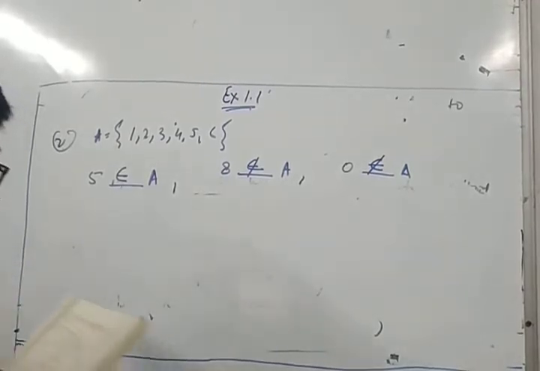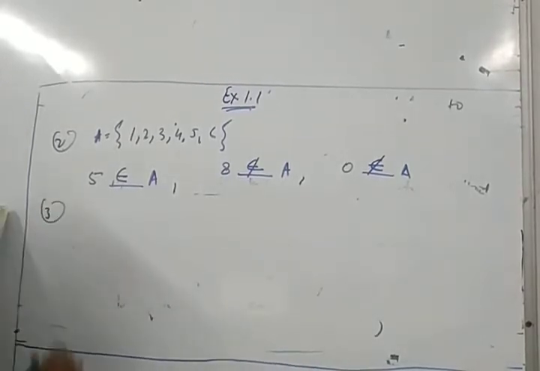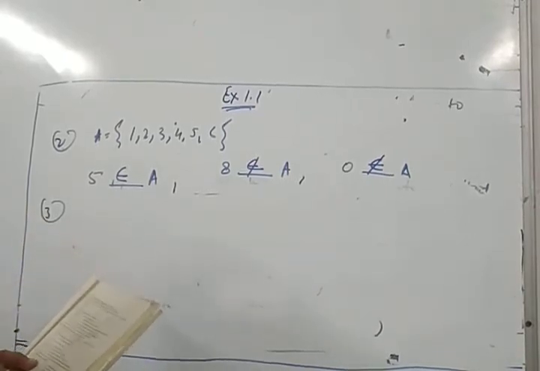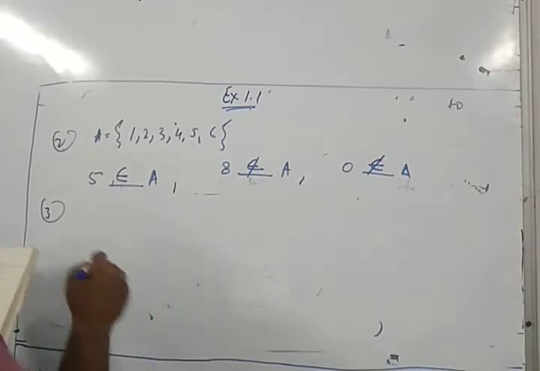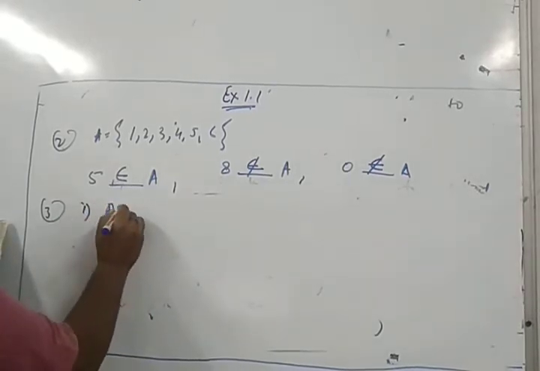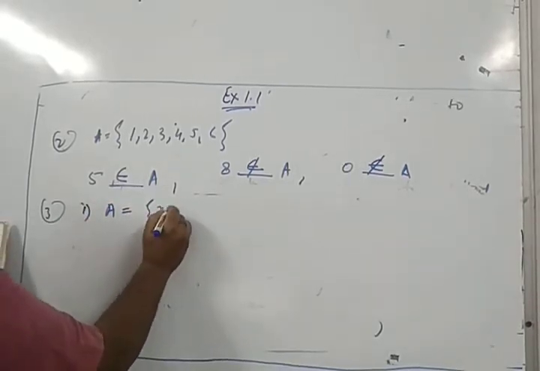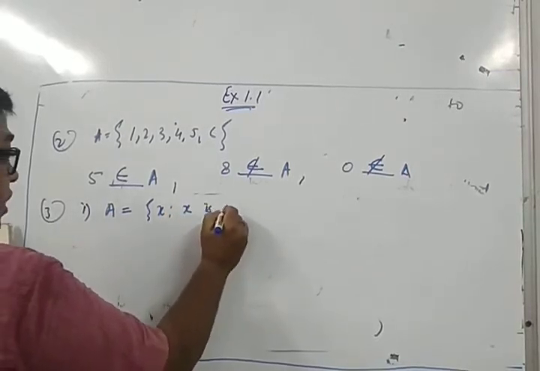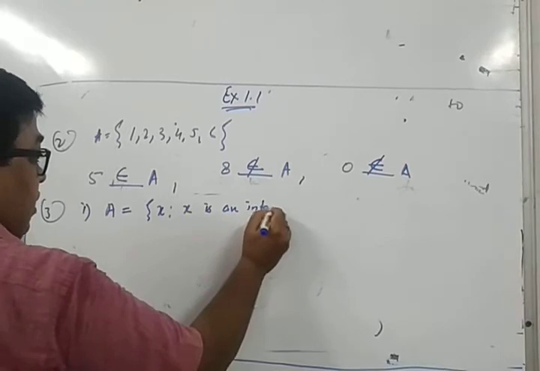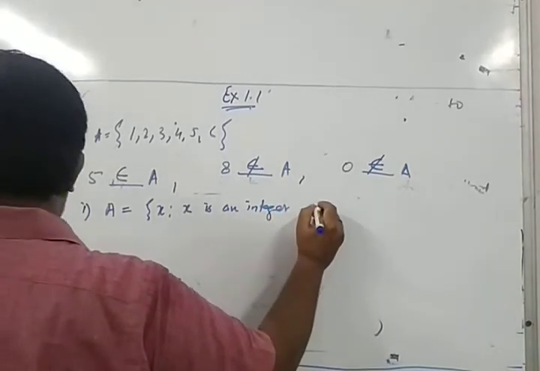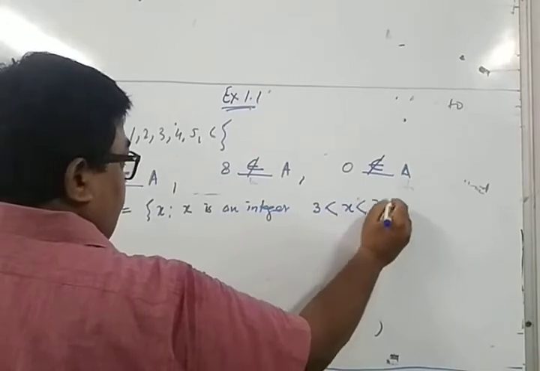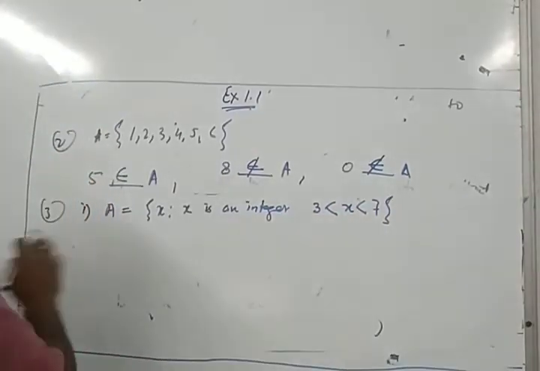For the third question, they have given sets in set builder form and you have to convert them into roster form. The first part: A equals x such that x is an integer between 3 and 7.